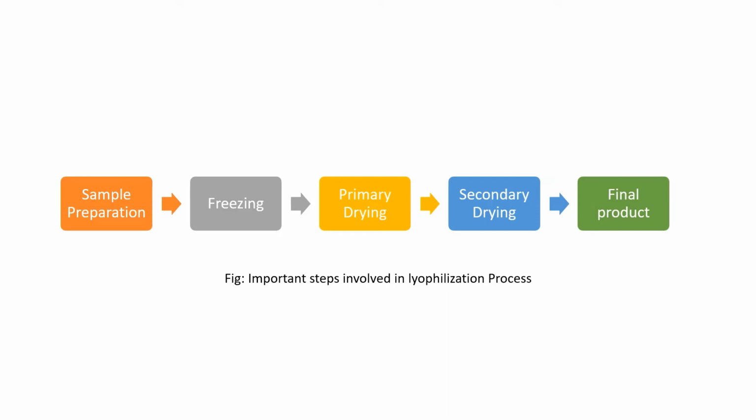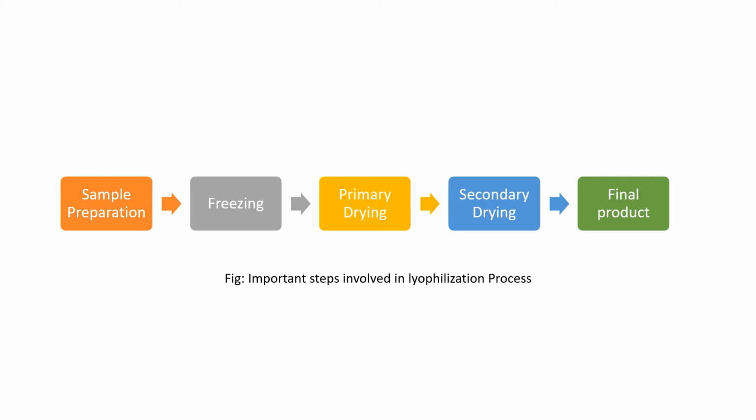The next step is secondary drying, also called desorption. The primary drying process leaves the product with about 5 to 10% moisture in the solid, and this is removed in the secondary drying process. In many cases such moisture values may be too high and the final product may not have the desired stability.